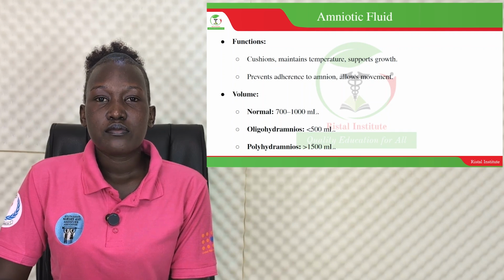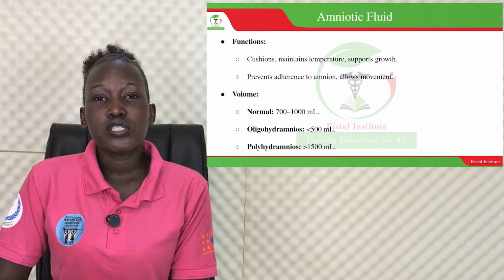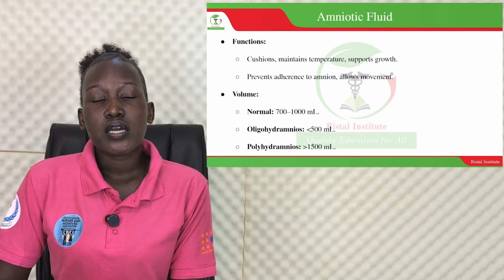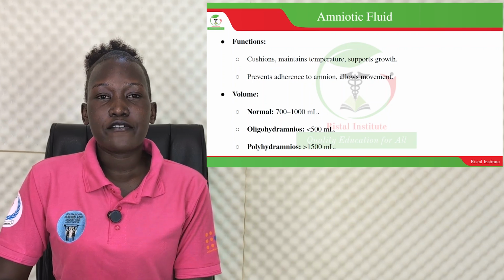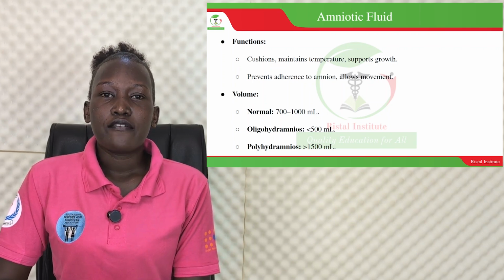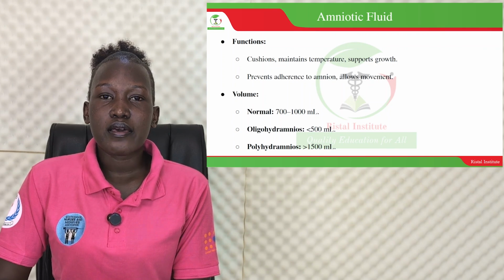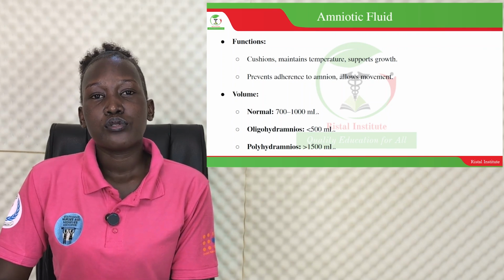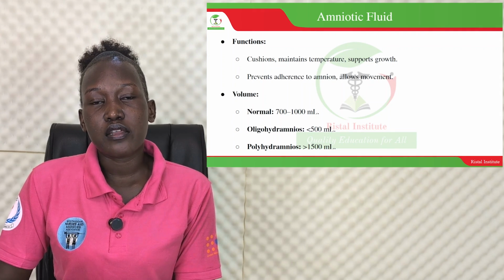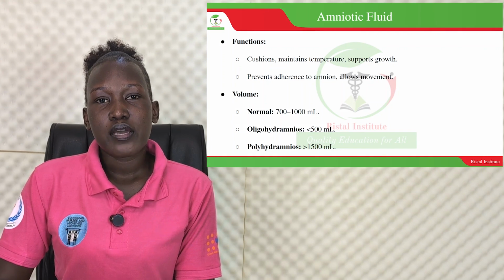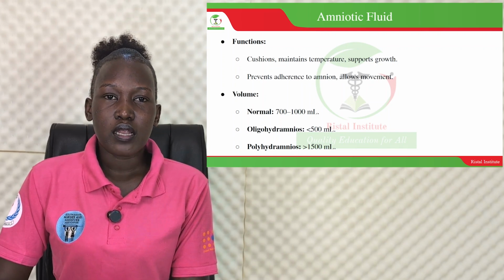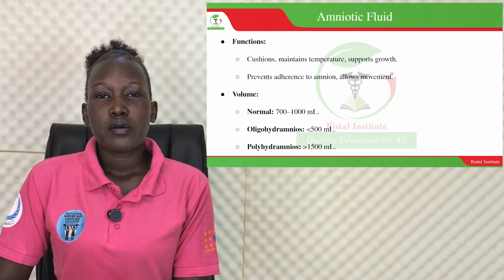So in the inner cell mass of the blastocyst, there will be a cavity which is created. And when the cavity is created, we shall have a few ions, which are permeable through the fetal skin and the maternal plasma.